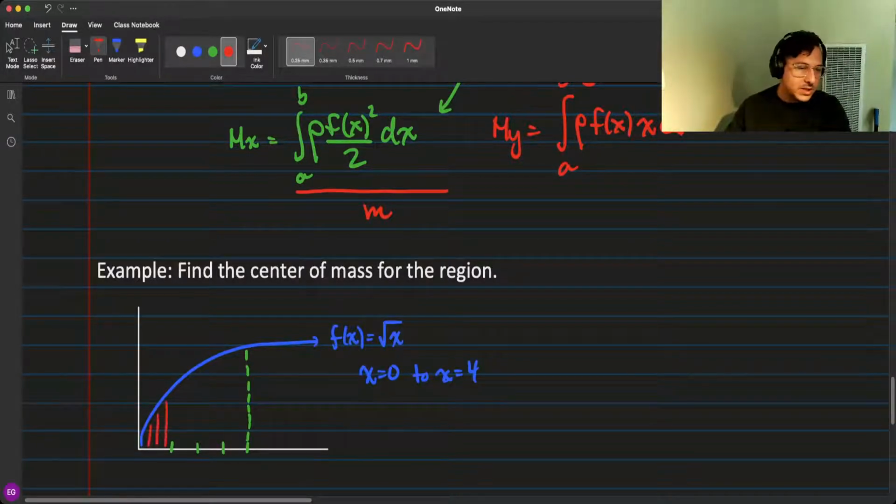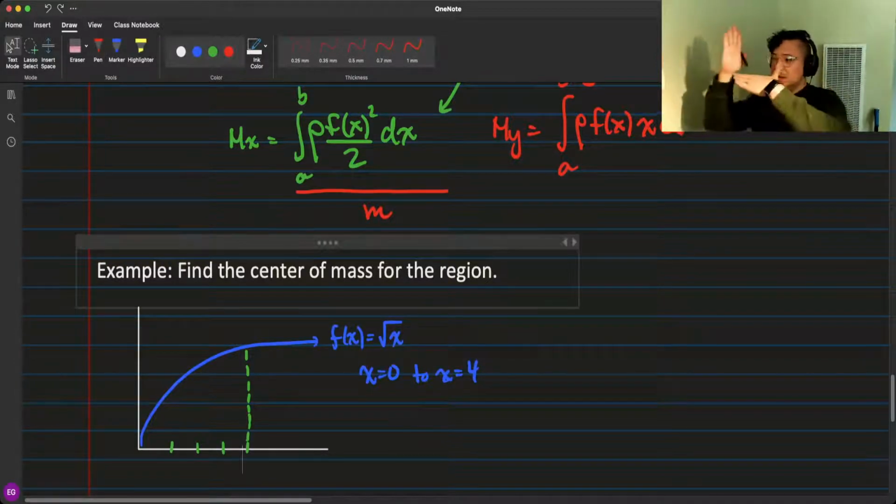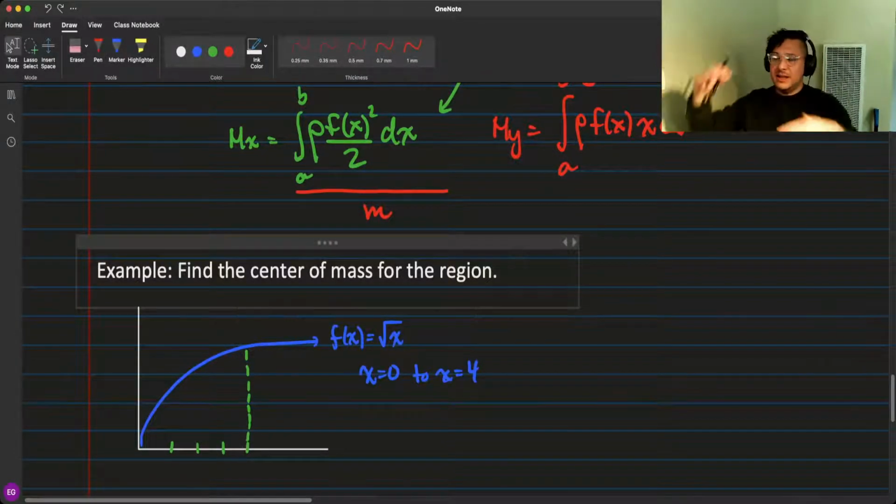So you want this region here. We want to find the center of mass for this thing. You can imagine you have this little plate, with these two straight sides, and then the curve like that.